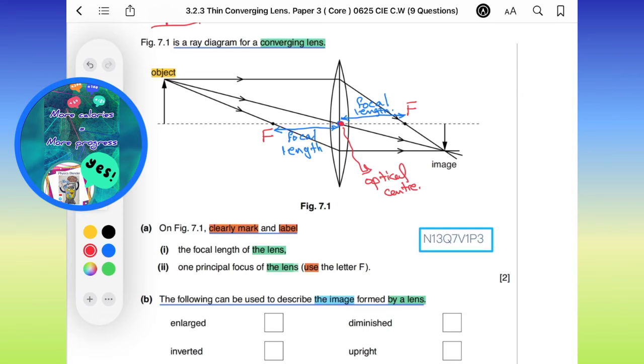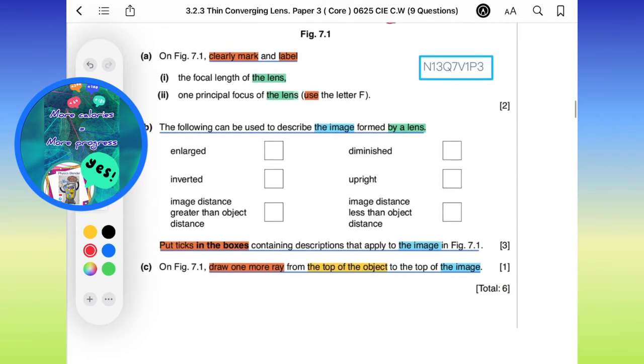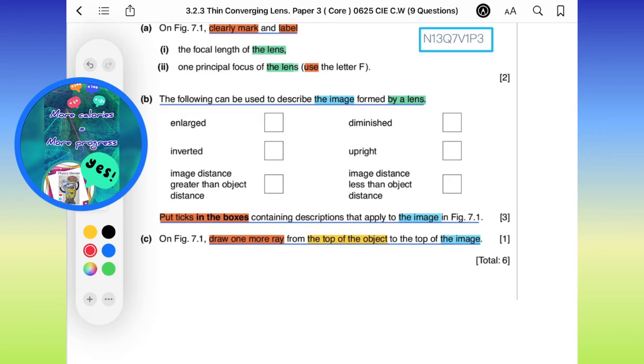The following can be used to describe the characteristics of the image formed by a lens: location, orientation, size, and type.